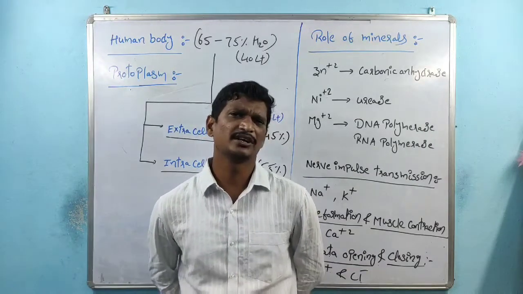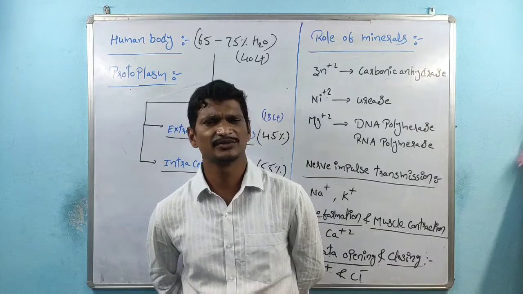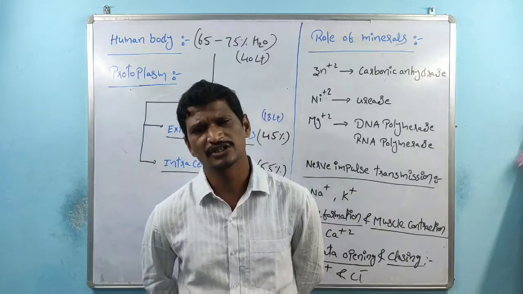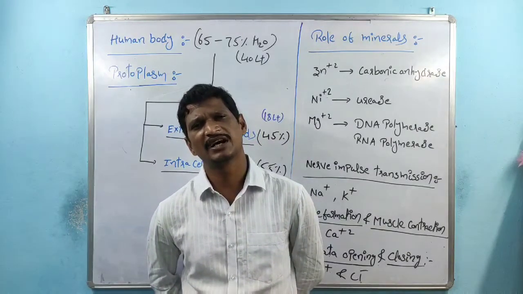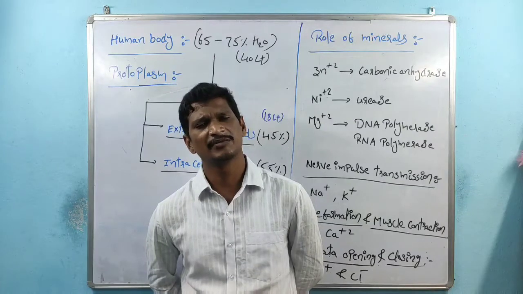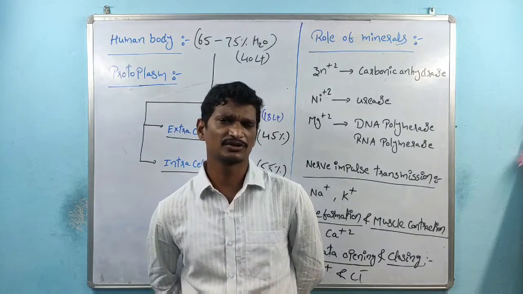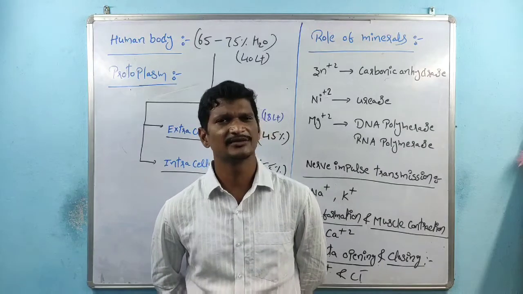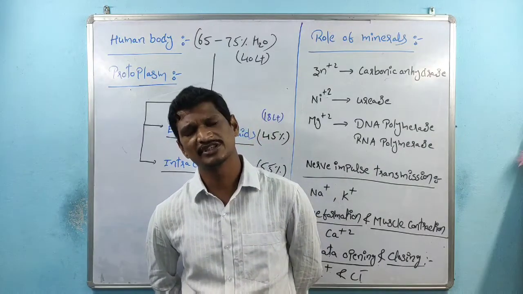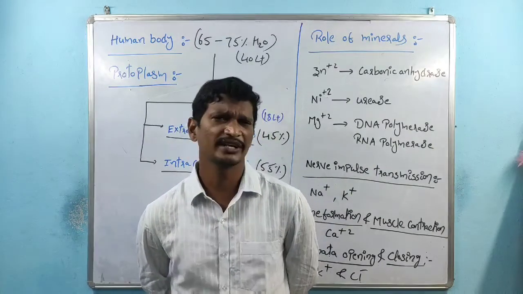So what is the function of alpha salivary amylase enzyme? We are eating starch, and the starch is digested by the alpha salivary amylase enzyme. For the activation of the enzyme, chloride ions are required.